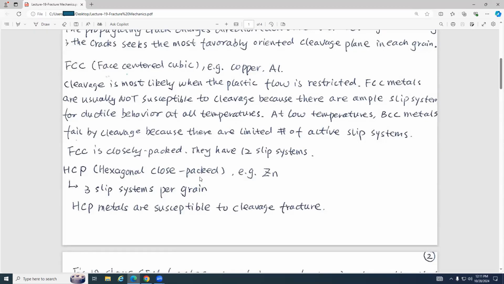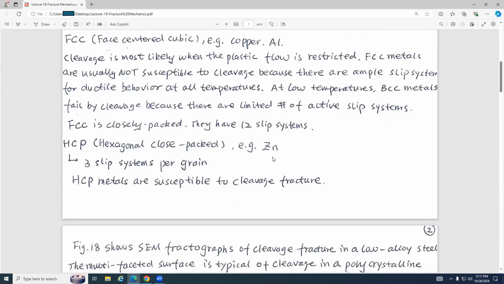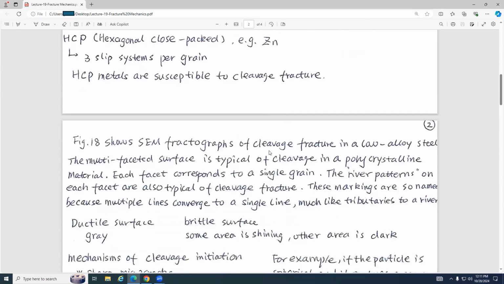You guys agree? As a result, HCP metals are more susceptible to cleavage fracture. As I said, the more slip systems, the more likely that ductile plastic deformation occurs first. So these are the 3 different categories.